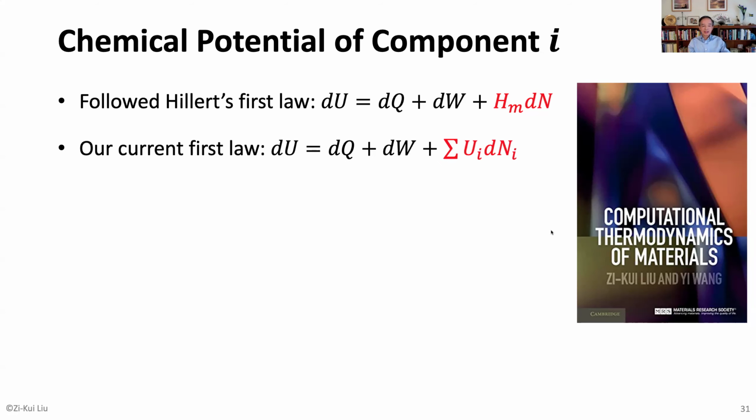I wrote dU equal to dQ plus dW plus the summation of U_i dN_i. Instead of H, which is typically for enthalpy, as we will discuss later, I put the internal energy, the total energy of a substance. That means each substance, each component, has an internal energy. Of course, this U_i, as we showed before, is a partial internal energy, because when the components are put together, they affect each other.